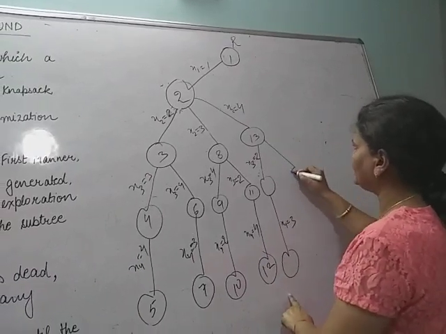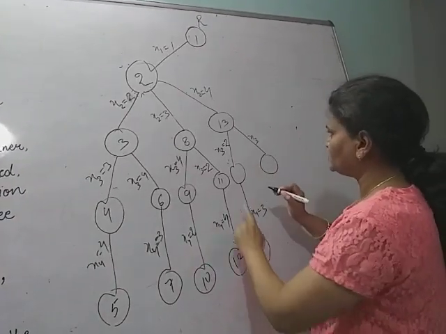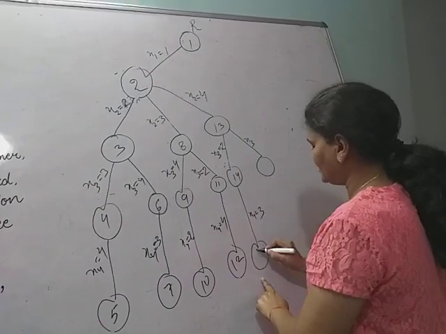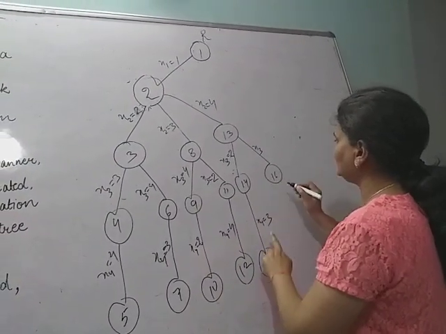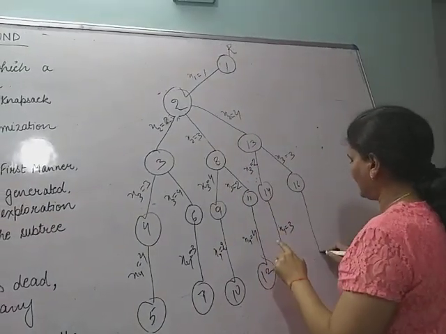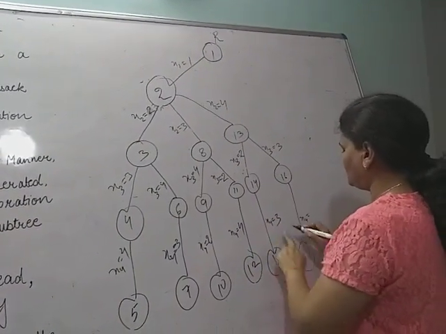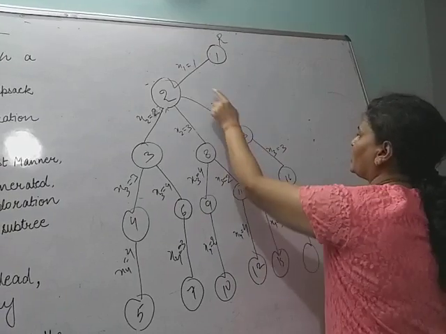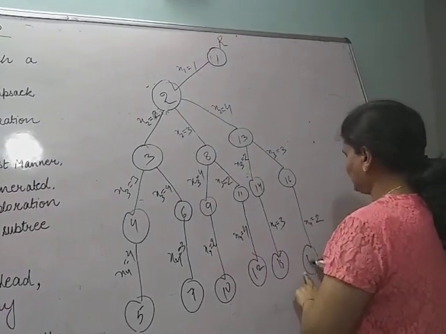Okay, and here x3 equal to 3, nodes 13, 14, 15, 16, so 1, 4, 3, 2, nodes 16, 17.